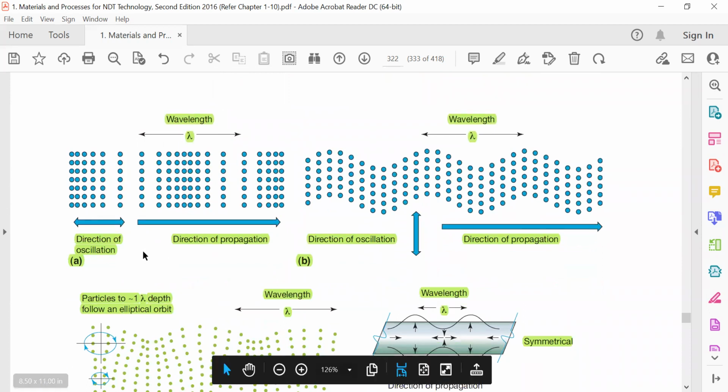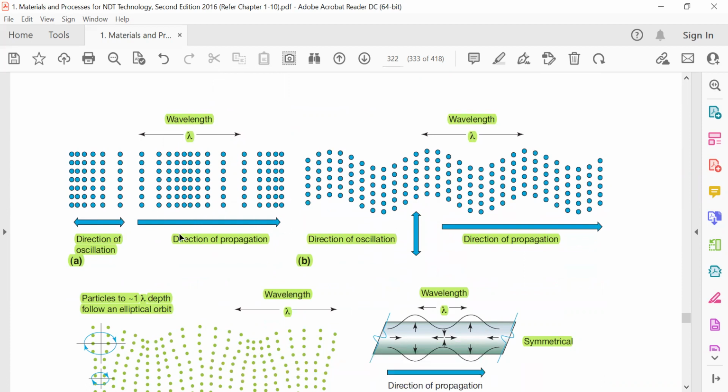So this is the first one, the compression wave. The direction of oscillation and direction of propagation are the same. The compression, rarefaction, there is only one wavelength: one compression to the next compression is one wavelength.